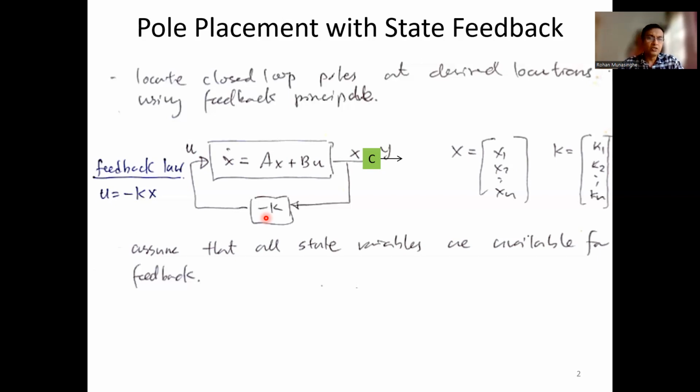So state feedback also has these gains, minus K, because feedback is negative, and it goes over here.